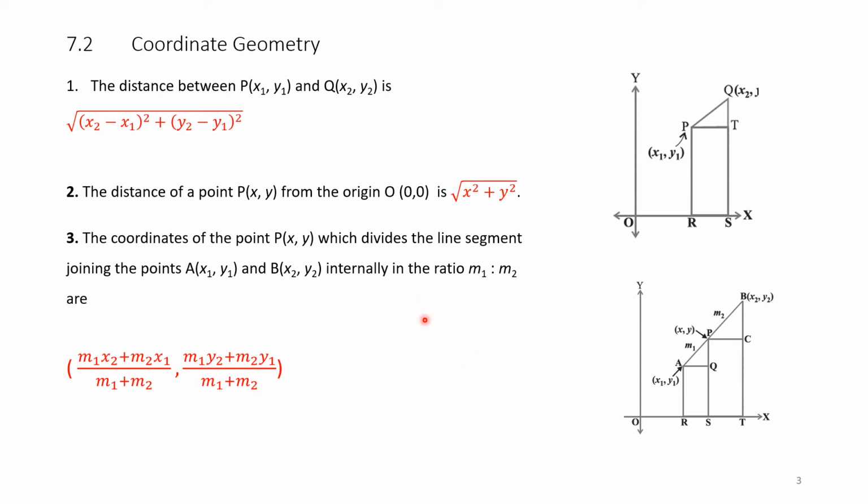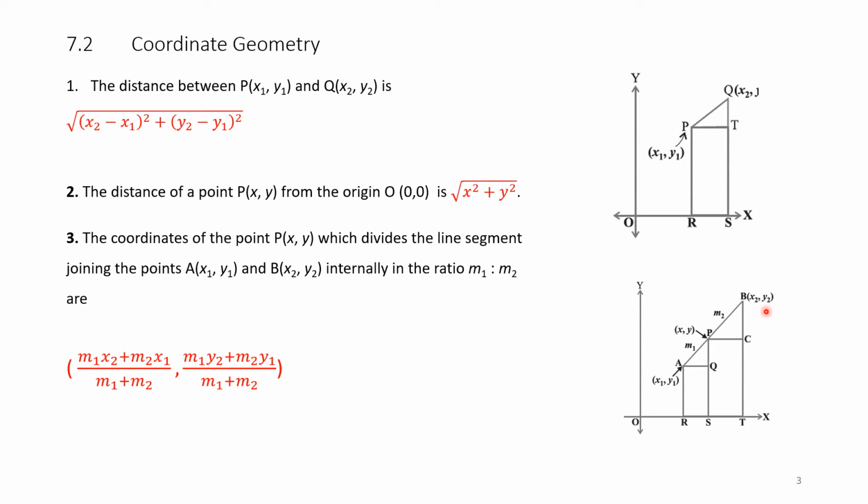Please see there are 2 points A and B. The coordinates of point A are x1, y1 and coordinates of B are x2, y2.